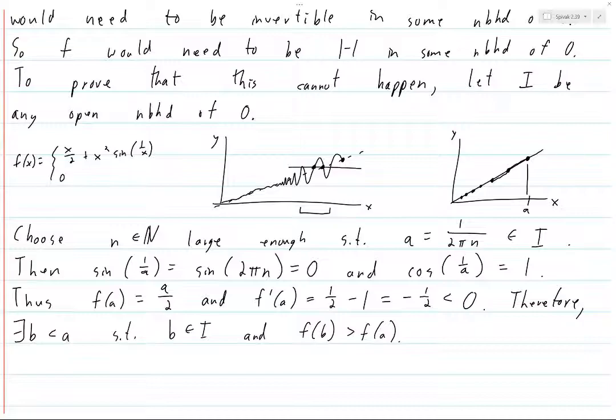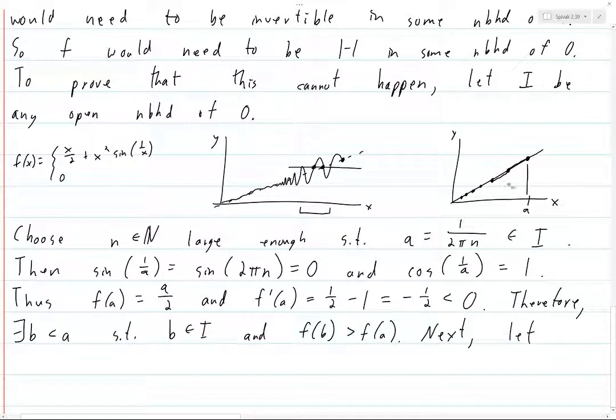Okay, so now we're going to want to use the intermediate value theorem. And if we want to do that, then we're going to need to find a point where f evaluates to a number which is less than f of A.